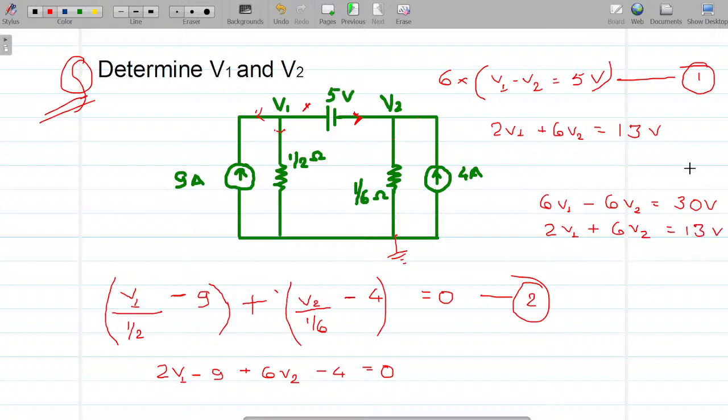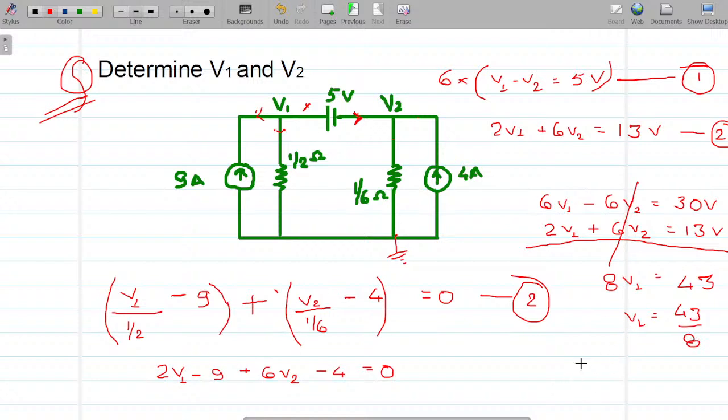There's no rocket science here. If I solve this for you right here, it would be 6 plus 2 is 8 volt, and this becomes 43. So can I get V1 equals to 43 by 8, right?